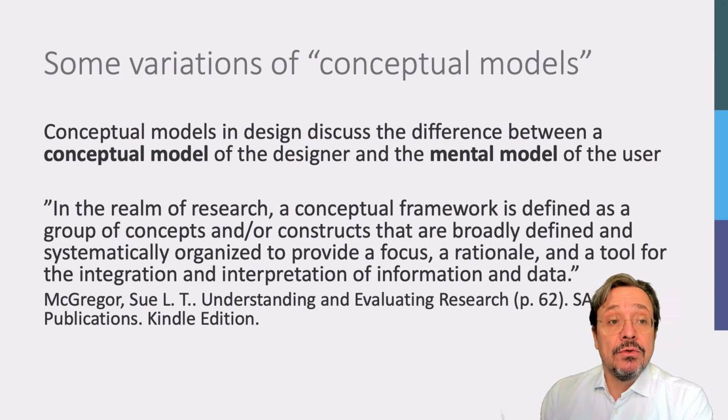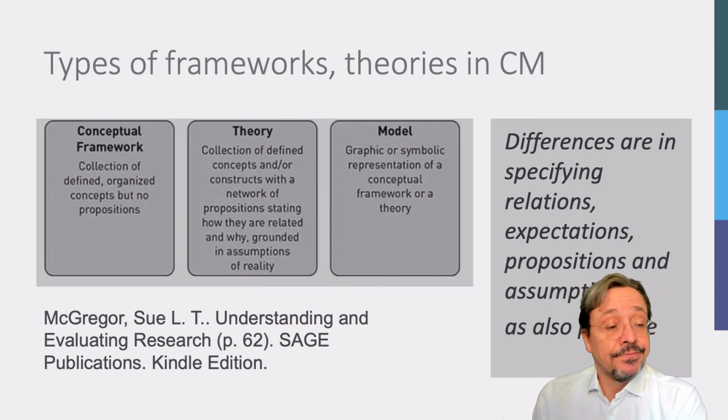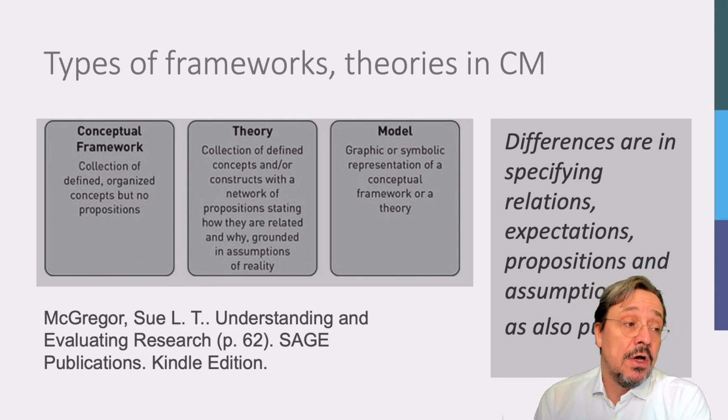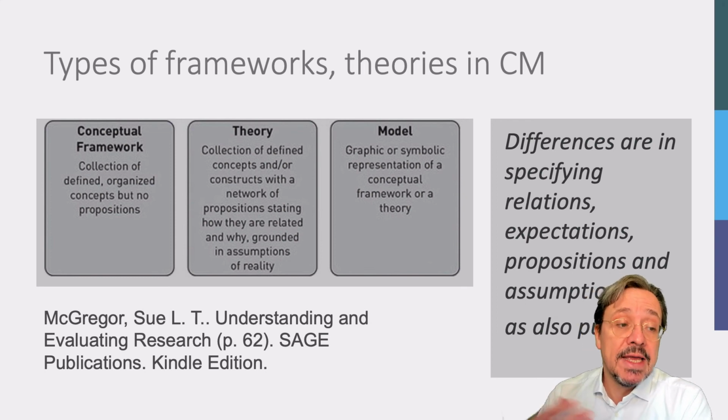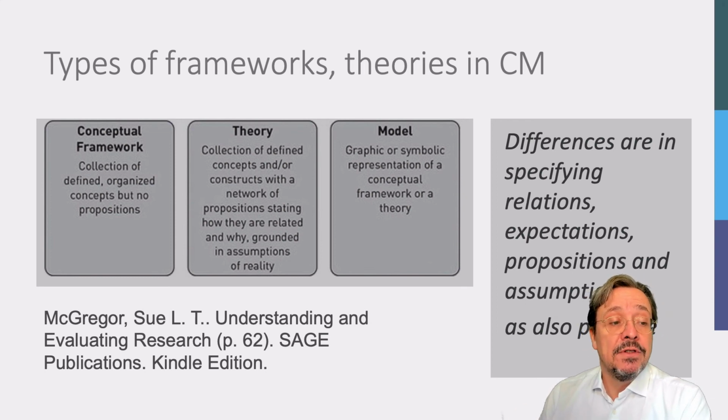In that sense, you can distinguish the three terms, also found in Understanding and Evaluating Research. A conceptual framework basically collects the concepts and structures, it organizes them, but there are no propositions out of it. In contrast, in a theory, you also have your core variables, concepts, and constructs, but you also have a network of propositions, and they are related and typically have assumptions affiliated to them.